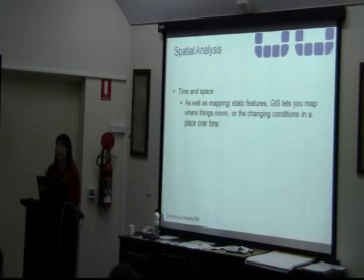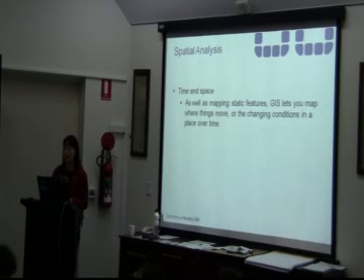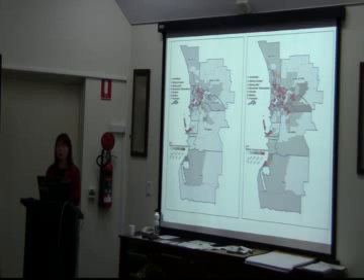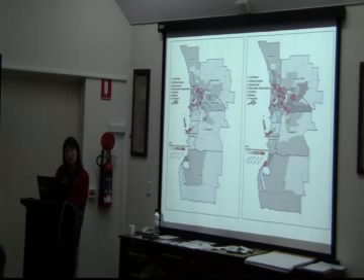We can also map the data in time and space, so we can track where things move or the changing conditions in a place over time. I'm showing a few examples from the 2011 census. This map shows our 65 plus population in the 2001 census and also the 2011 census. As you can see from the map, we are getting older.